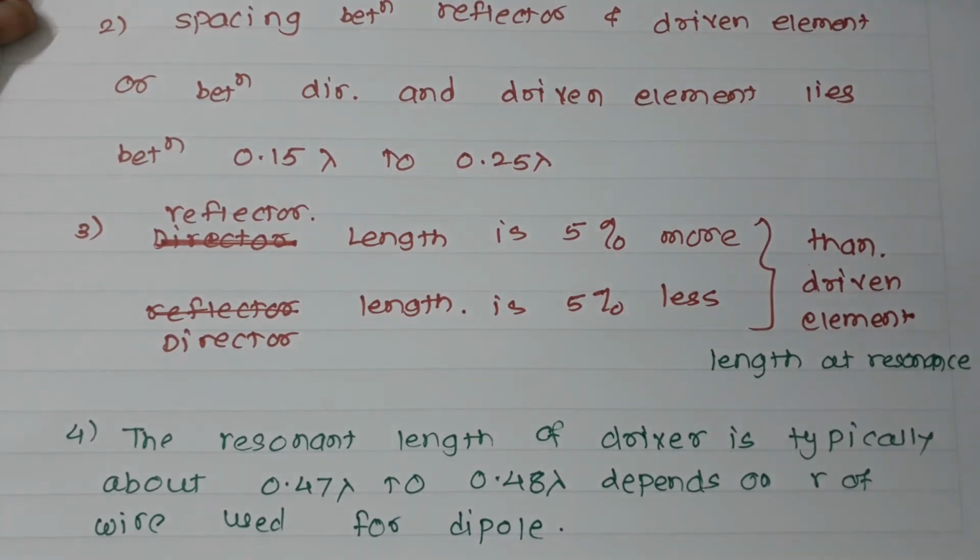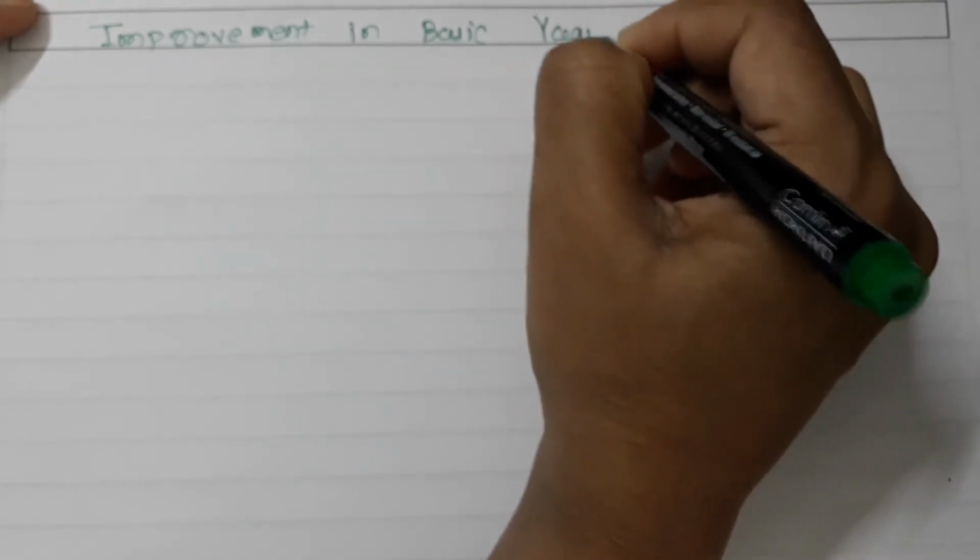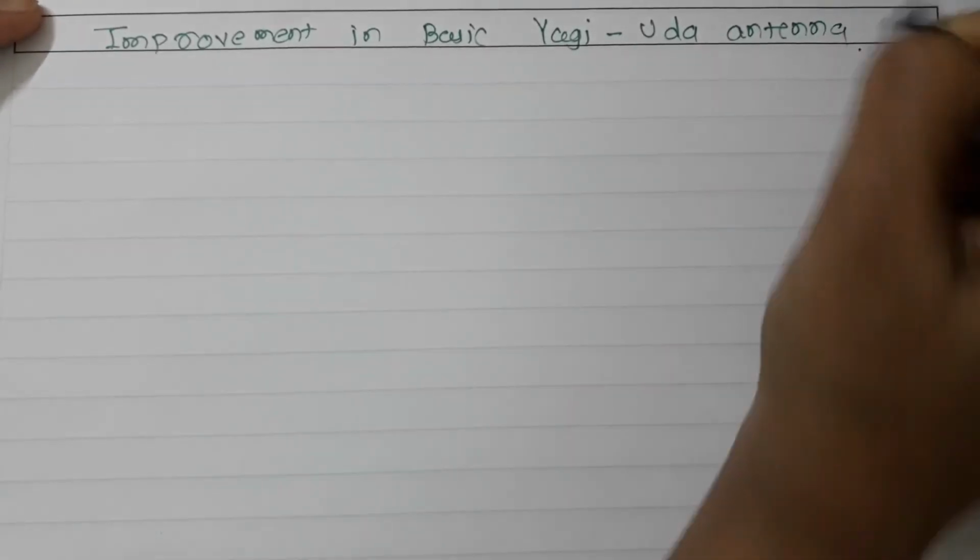Now let us see how we can improve the basic Yagi Uda antenna, which we have seen till now. We are having a directivity of 9 dB with the basic Yagi Uda antenna.